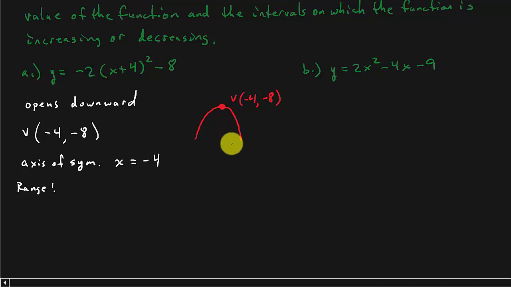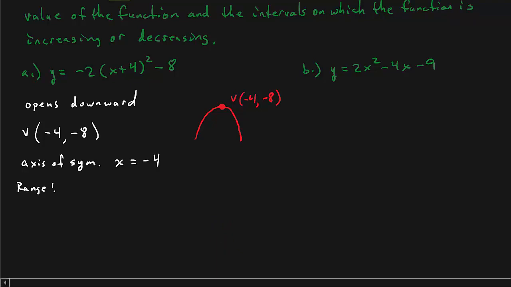And then the range, that's all the y values that it's going to hit. Well, what all y values is this thing going to hit? This y value here is at -8. You see that? -8. And it's going down. So all the y values that this thing hits is from -8 all the way down to negative infinity.